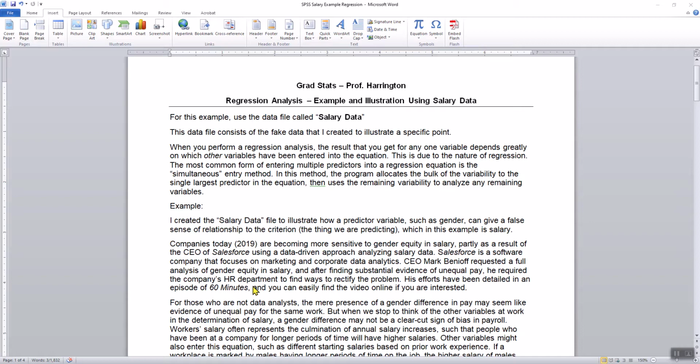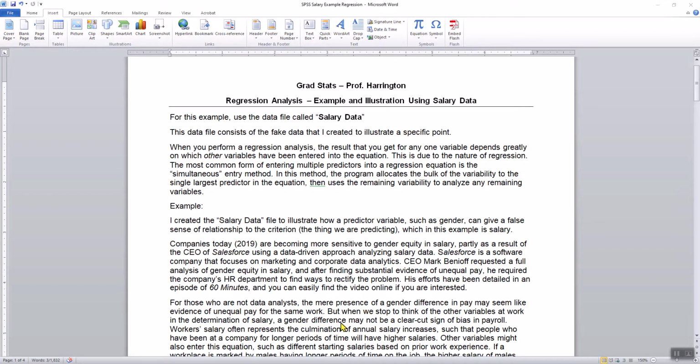So they set about making the changes, and Benioff stated in the interview in 60 Minutes that the first year of changes cost the company about $3 million. So that's quite a substantial amount. And to be clear, what we're talking about here is different rates of pay for the same job depending on whether a person is male or female.